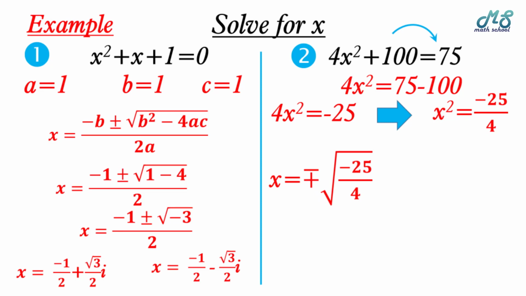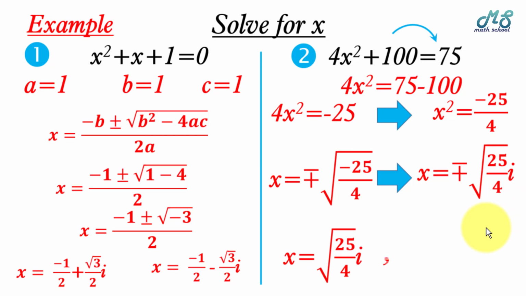By taking the square root, x equals positive or negative the square root of negative 25 over 4. What does that mean? It means the square root of 25 over 4 times i, guys. We studied before. Now we can write it as 5 over 2 times i.